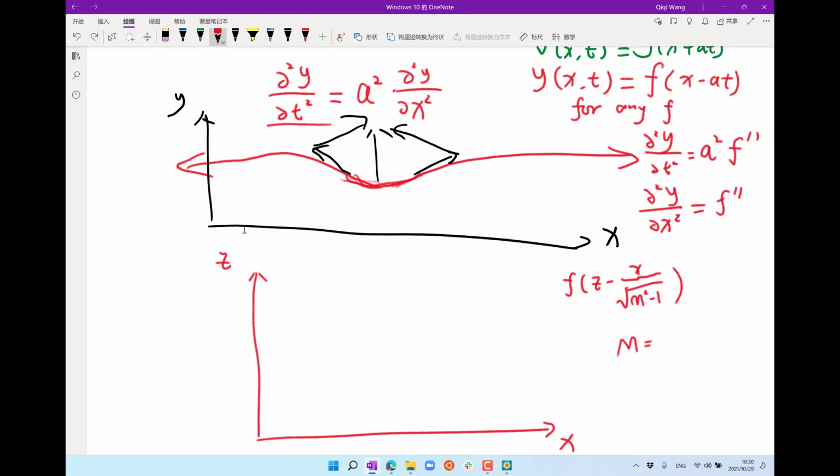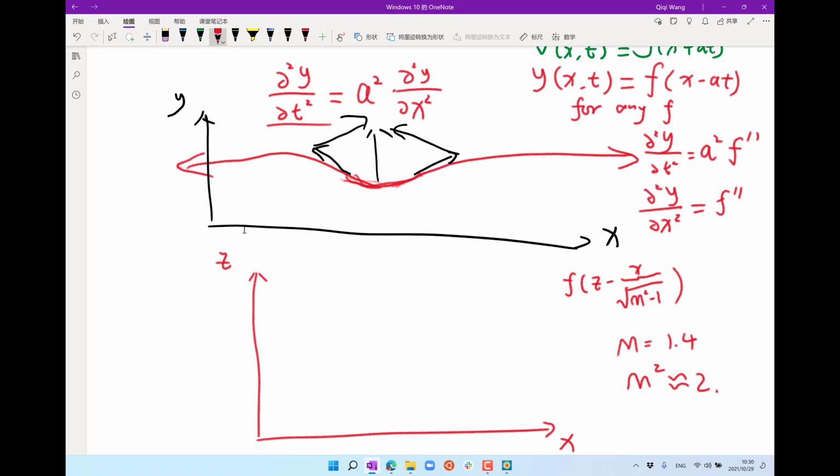In the video, m is roughly equal to 1.4, right? And a nice thing is m squared is roughly equal to what? 2, right? 1.4 is kind of close to square root of 2. Okay, so that makes things easy because square root of m squared minus 1 is roughly 1, right? So we get f of z minus x.